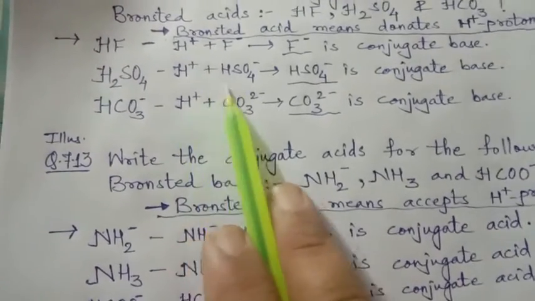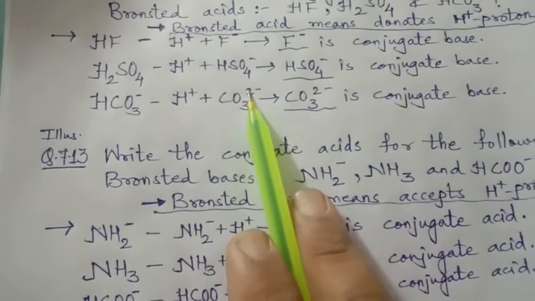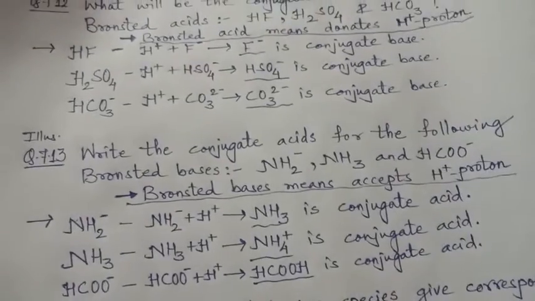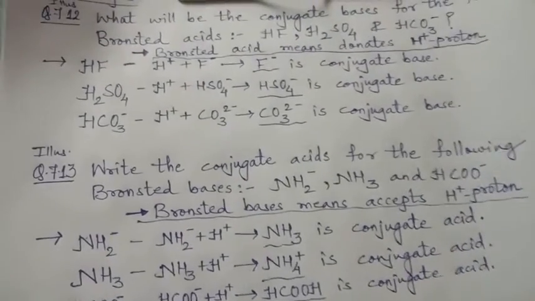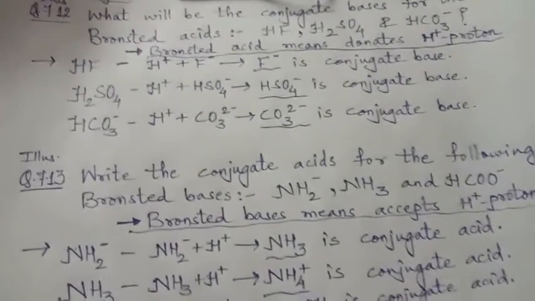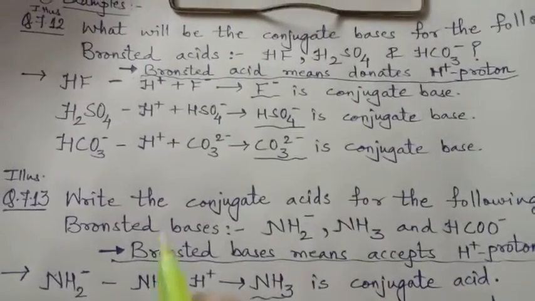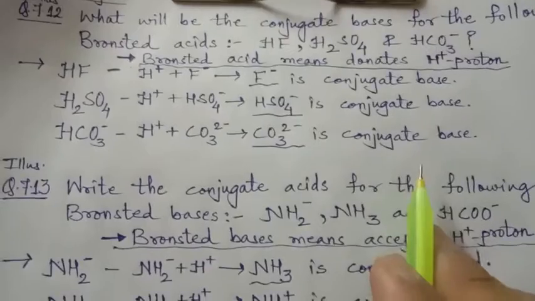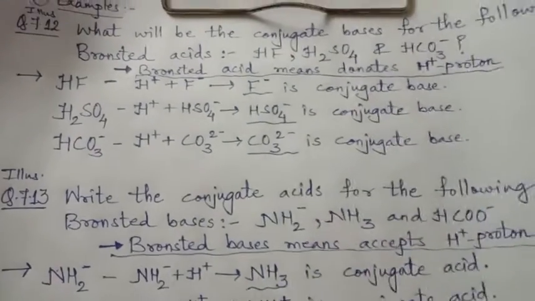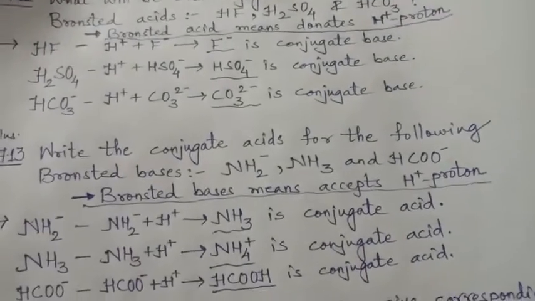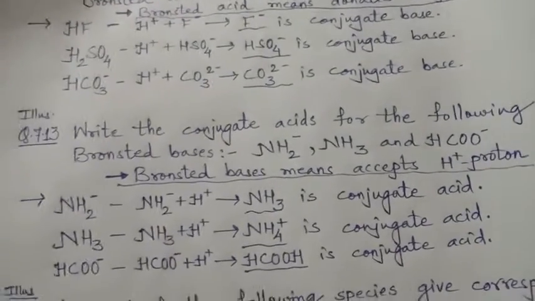So as soon as it loses a proton, it will acquire one more negative charge, and here it is CO3 2 minus. After the donation of H plus, the left out species is CO3 2 minus. So it is the conjugate base. Clear? This is how to find out conjugate acid and conjugate base. So this was about conjugate base.